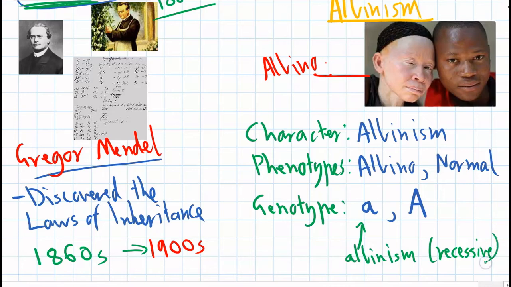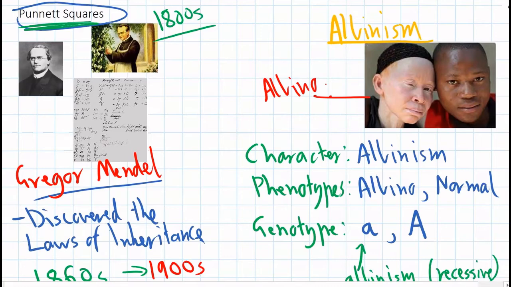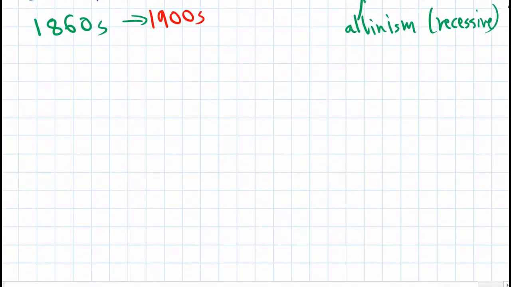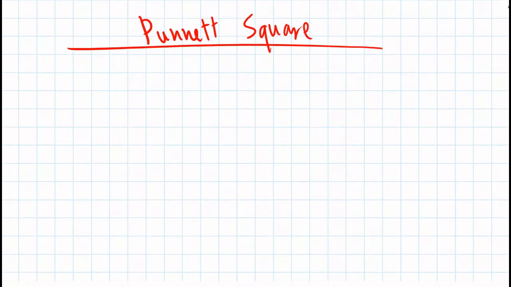Okay. So the way we use Punnett Squares is that they're going to help us predict the percentages or the probabilities of children in terms of the albinism trait. So we'll start off drawing a Punnett square. Let's choose a simple example firstly.